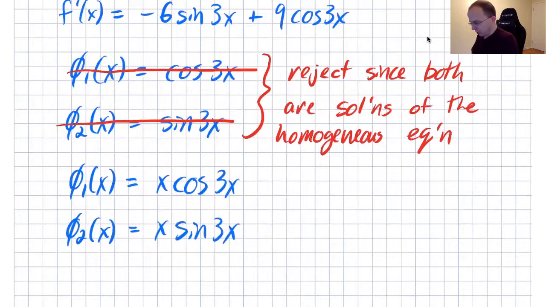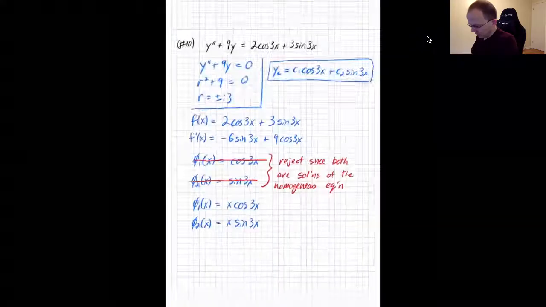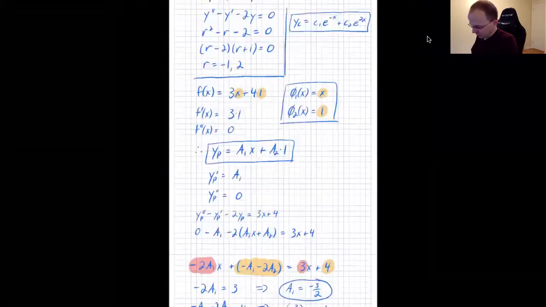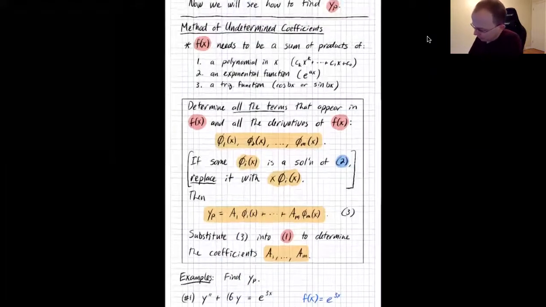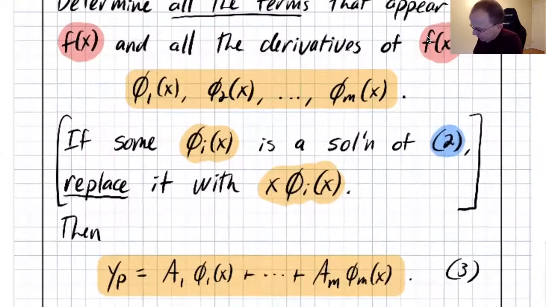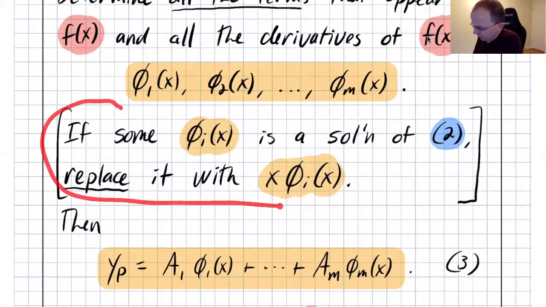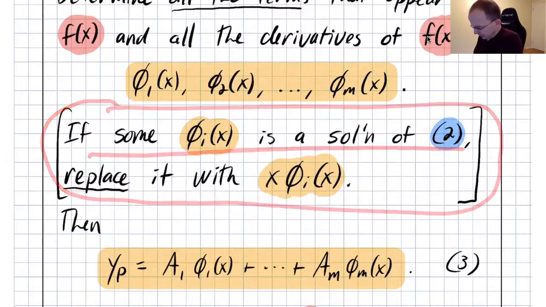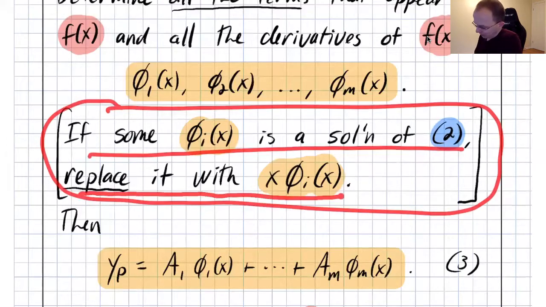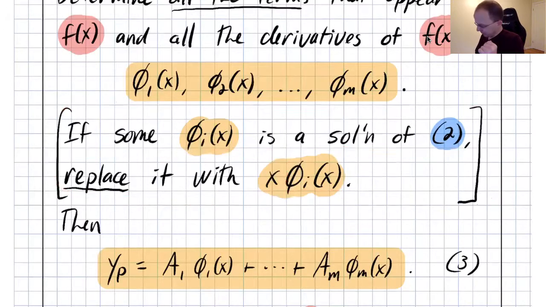Okay, so where is this coming from again? So let me just go back here and make this connection. This is from this requirement right here. If some function is a solution of the homogeneous equation, replace it with x times that function. So that's what we're doing.